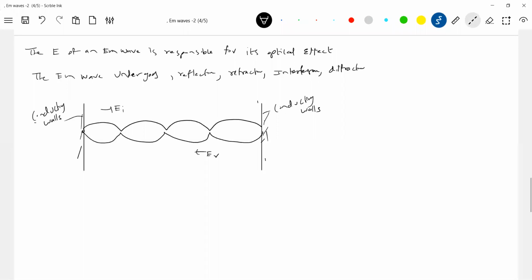Then again, if you take a conducting surface and send an EM wave, we usually represent it by the E bar and B bar vectors. If this is E bar, a polarized wave is what I'm discussing, I'll put B bar out of the plane. After reflection, we get it like this. This is the incident wave.